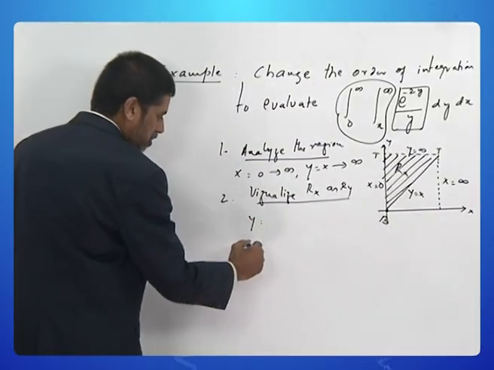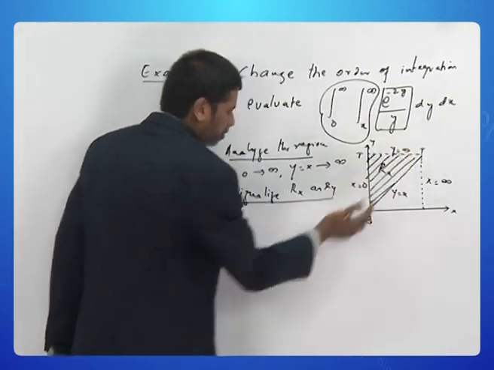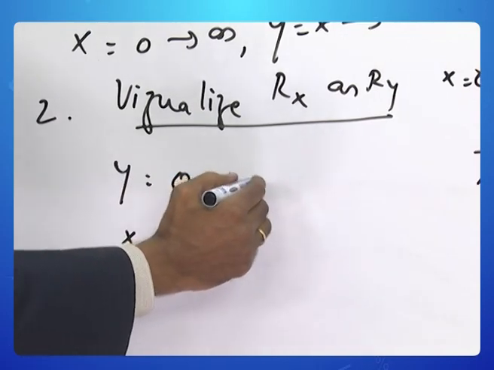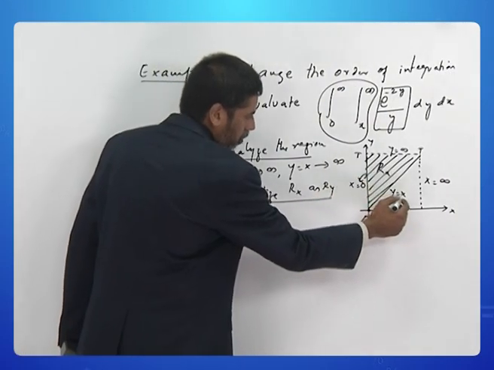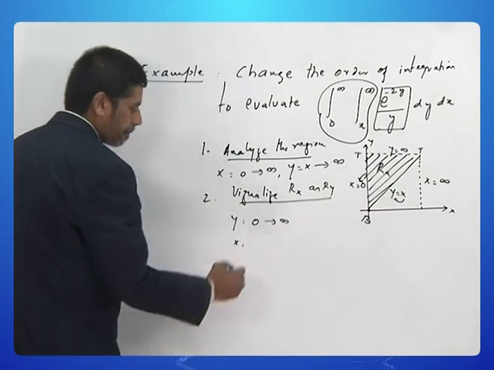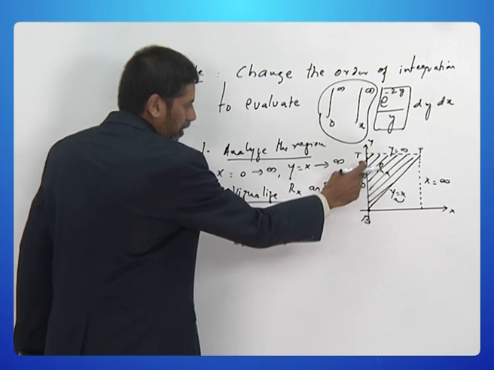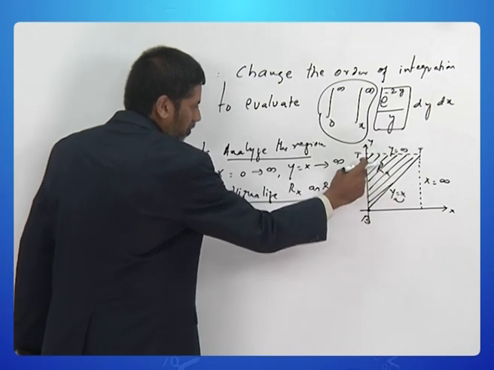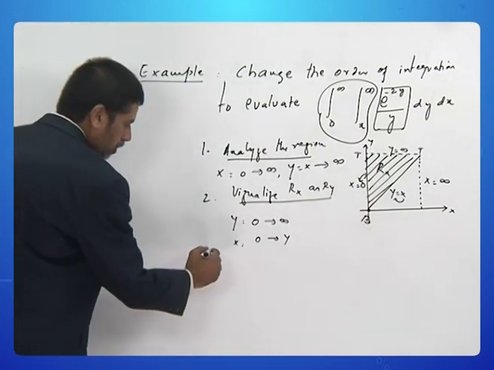So y limits first, then x limits. Y varies from 0 to infinity and x varies from x is equal to 0 to x is equal to y, because this is the leftmost curve and that is the rightmost curve. This will form the lower boundary, this will form the upper boundary.